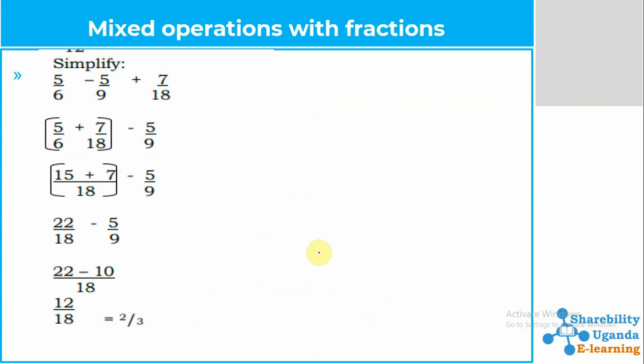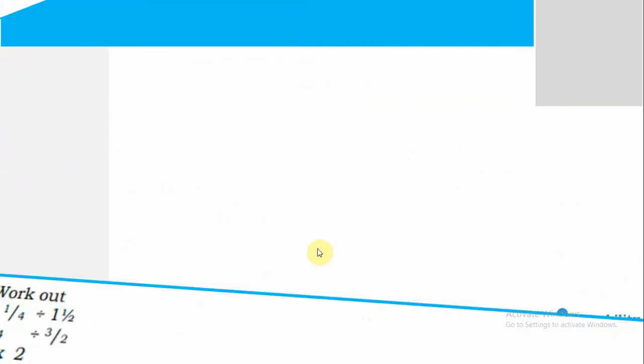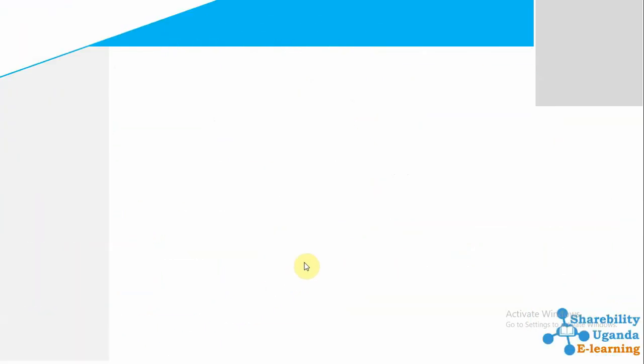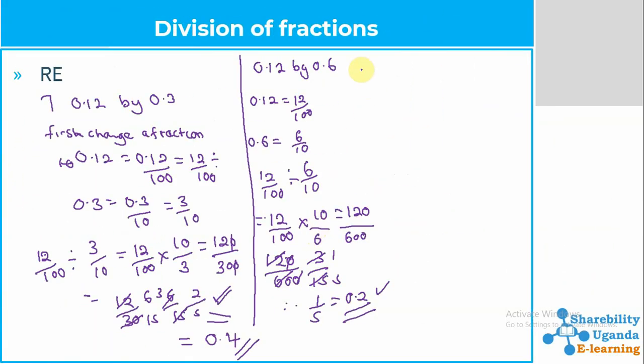Then we still have some more questions on this. We are saying, how many halves of a kilogram of meat are in 24 kilograms? Okay, let's finalize this. So we are having halves. They want us to find the halves in 24 kilograms. So we have our 24.